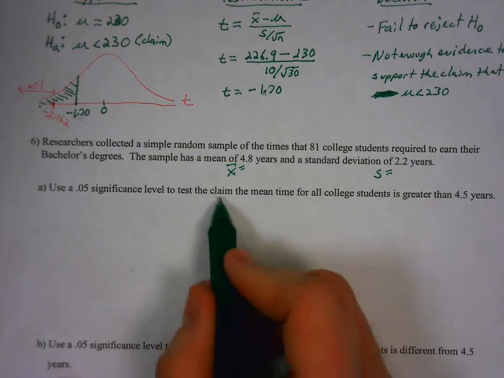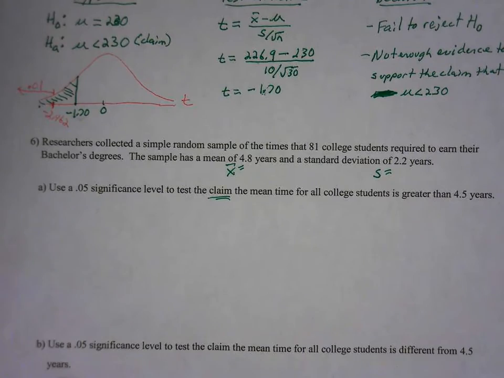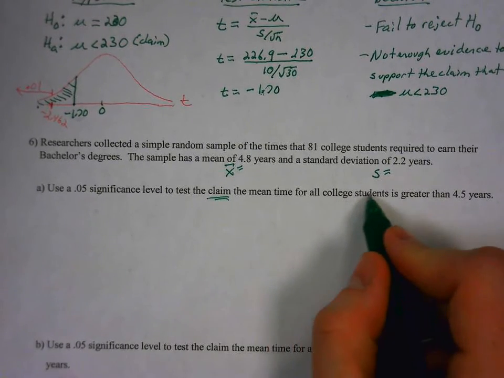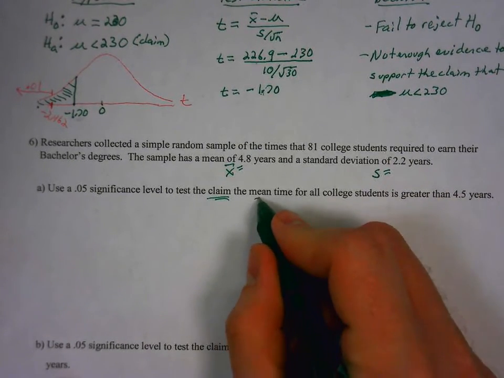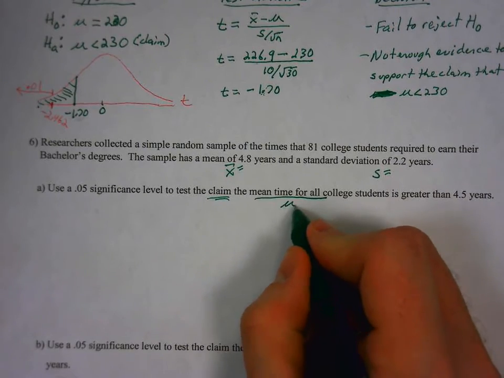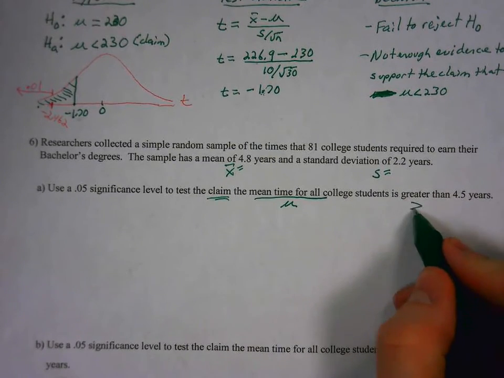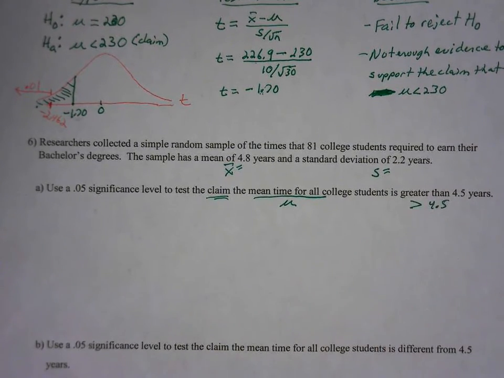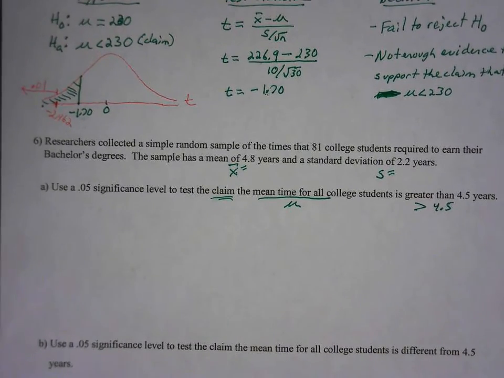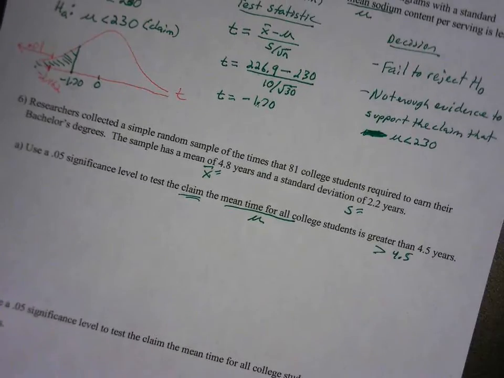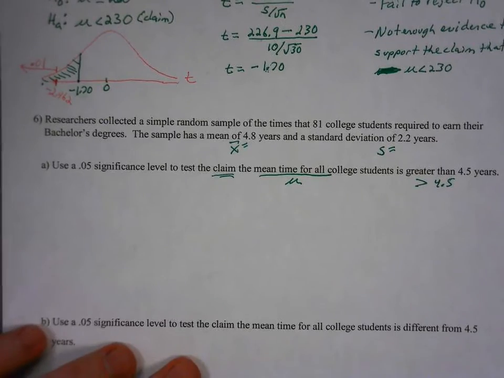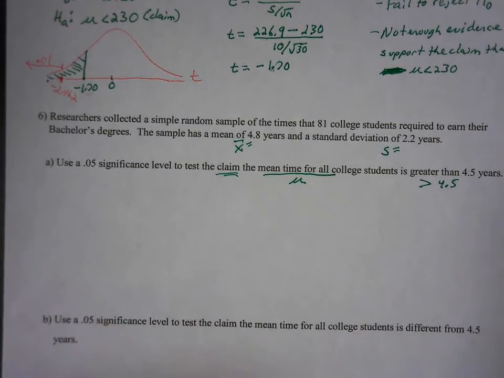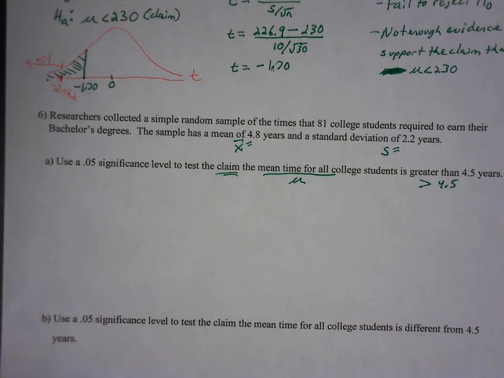So test the claim, that means hypothesis test. The mean time for all students is mu greater than 4.5. I have this worked out, so just for the sake of time, again, we go through the three stages: our hypotheses, our test statistic, and our decision.